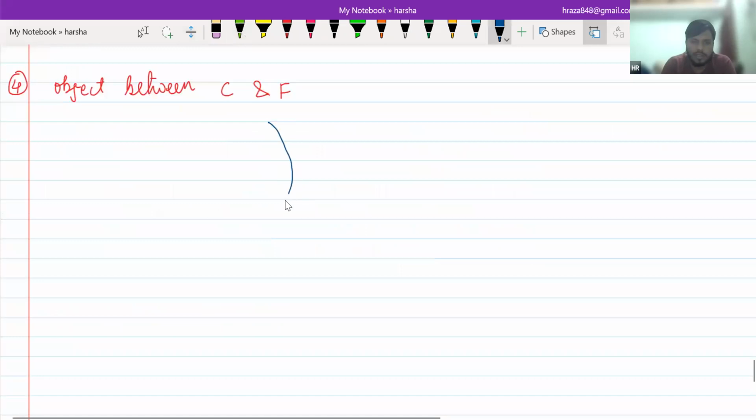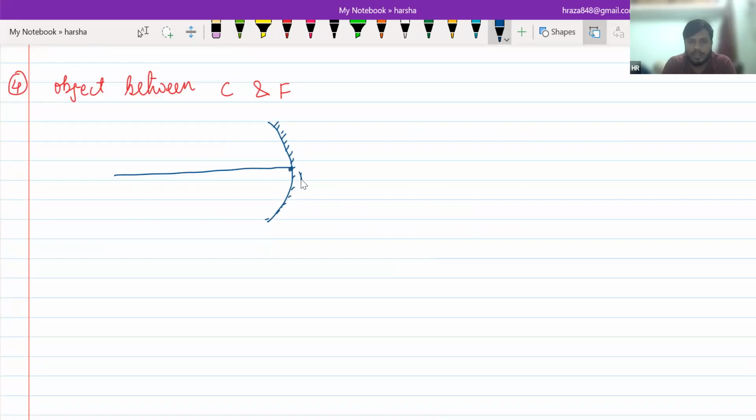Now you can see this is the concave mirror. We have a principal axis. This is the principal axis, this is pole, this is focus, and this is center of curvature. And the object is in between the center of curvature and focus. So the object is here. Now, parallel to the principal axis, one of the rays will go and pass through focus.